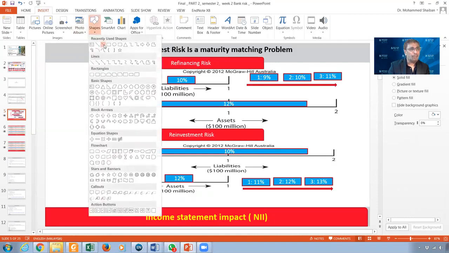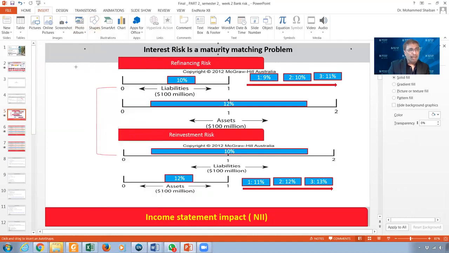Assume I have a deposit. This is a liability, a deposit of 100 million. Fine, I receive it today. And today also, I gave a loan of 2 years from that deposit, and this is happening in banking.